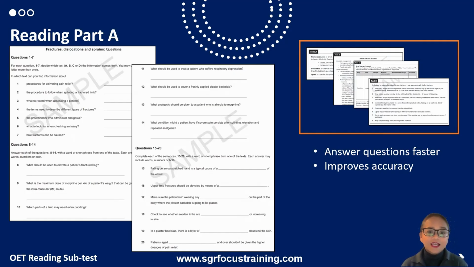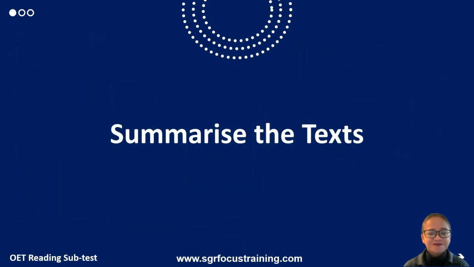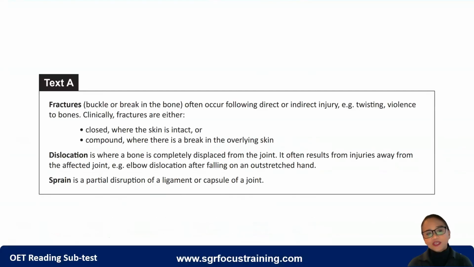So let's start summarizing. We're going to teach you some strategies on how to do this so that you're not spending too long in terms of reading and understanding the text. So when you are summarizing, it's important that you understand what kind of text is being presented to you.